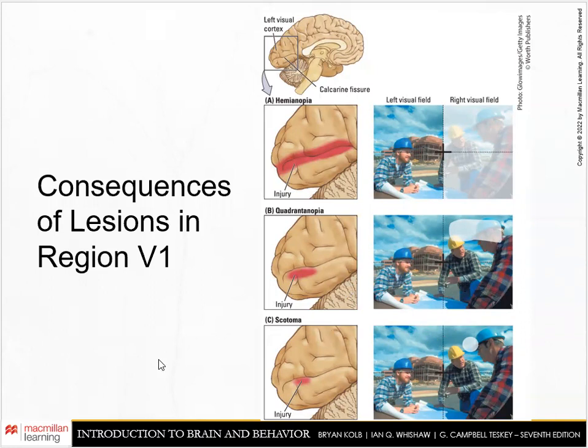So in the case of a homonymous hemianopia, like in image A, a complete lesion of V1 in the left hemisphere would result in a hemianopia affecting the entire right visual field.